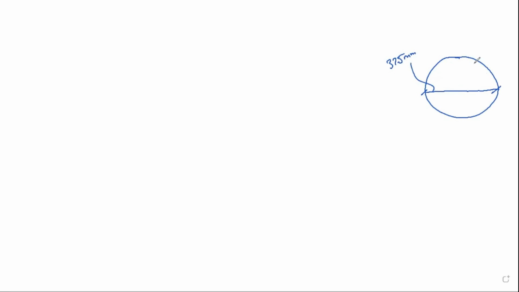Now in the second case, we have a hollow shaft in which the diameter of the hollow shaft is 25 mm. Now we have to calculate T dash here.